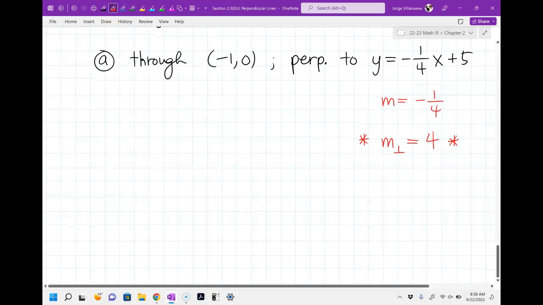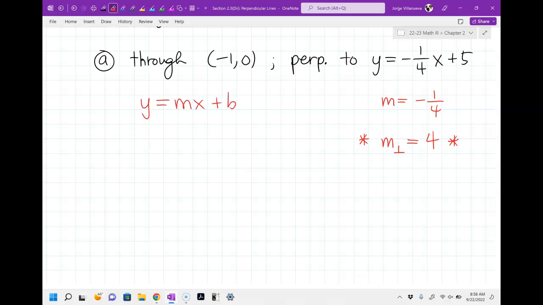Now, I'm going to start writing my problem. y equals mx plus b. And I know that my slope has to be 4, so I'm going to put that there. 4x plus b. And according to what we've been doing in the past, we get our point, negative 1, 0, and we plug it into our equation, right? So I'm going to plug in 0 equals 4 times negative 1 plus b.